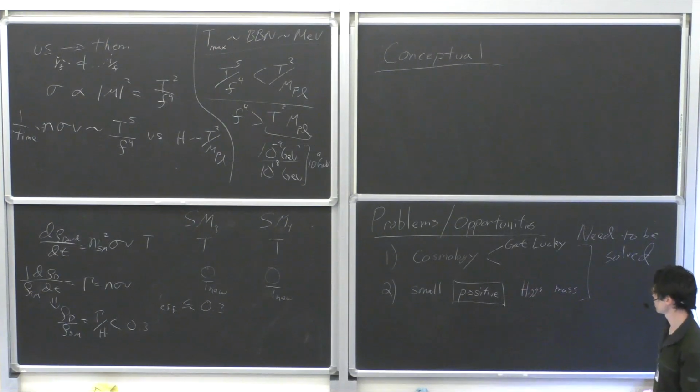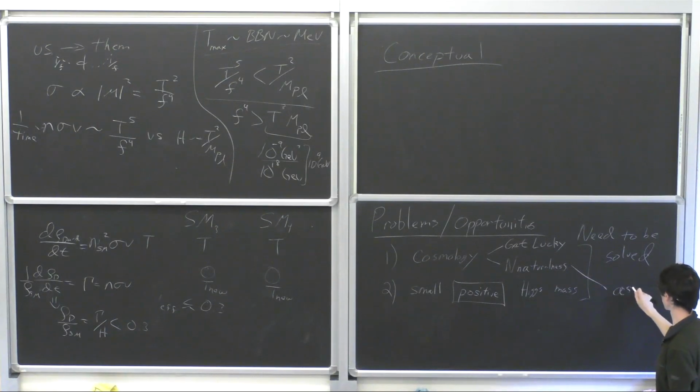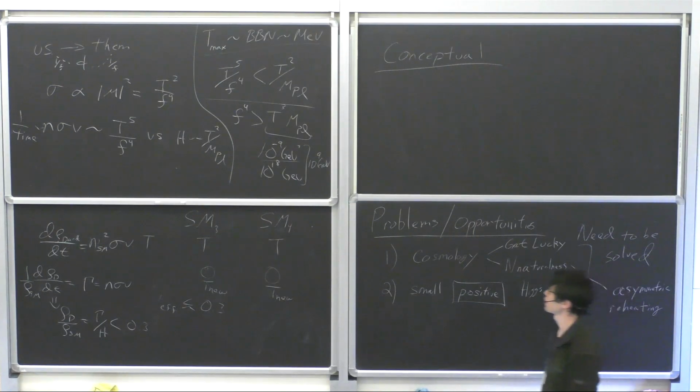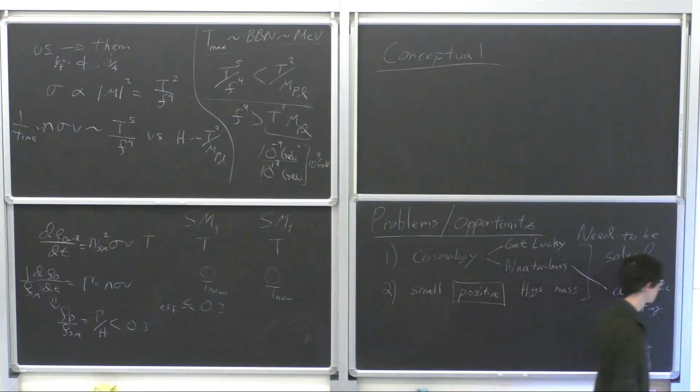The other way is there's a trick that I'll talk about when I talk a little bit more about naturalness, which is asymmetric reheating. It is entirely possible to populate only the standard model with the lightest Higgs boson because, for example, kinematics are very different between the 4 sectors, right?